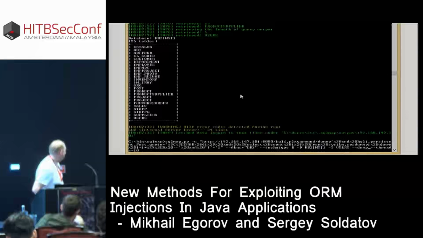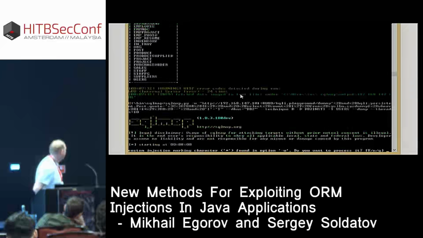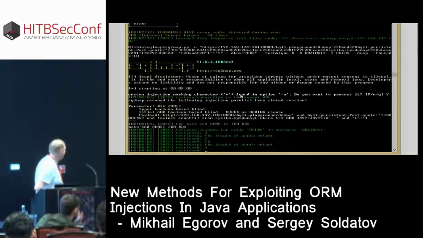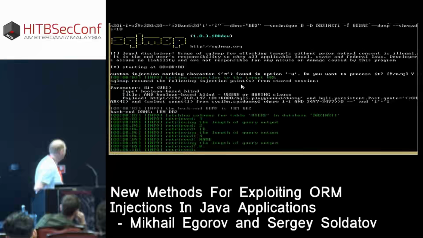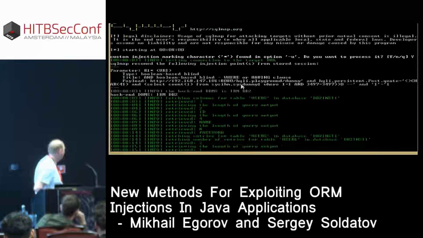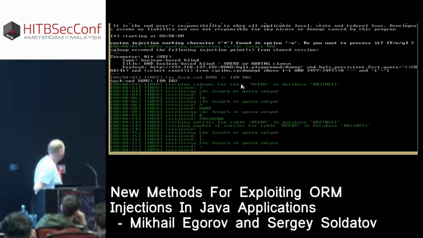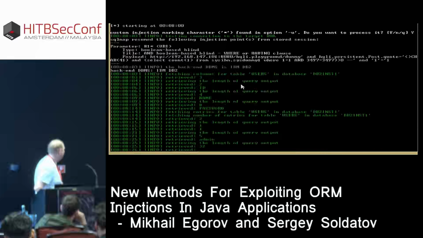Okay, the users table, dump. And everything will be good, I know. Name. It's the column name. Password. Admin. 32, it's the length of the password.